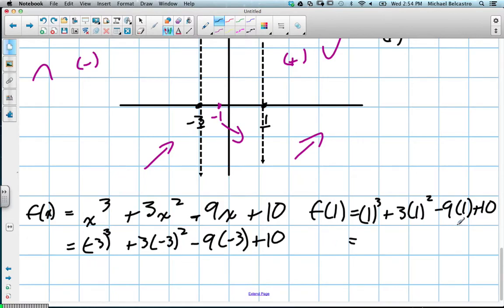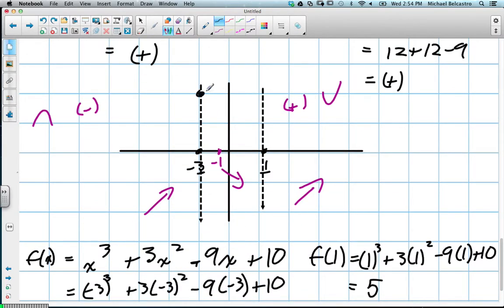Which one? The one on the left is 10. And the one on the right, we have 1 plus 3, so 4 minus 9, negative 5, plus 10, that's 5. So these are our coordinates, negative 3 and 10, and 1 and 5.